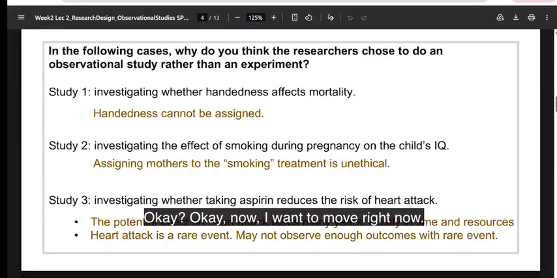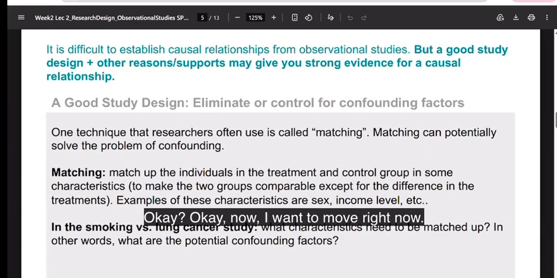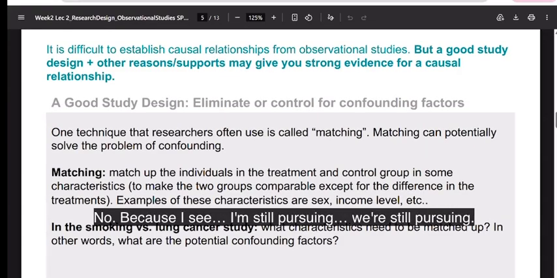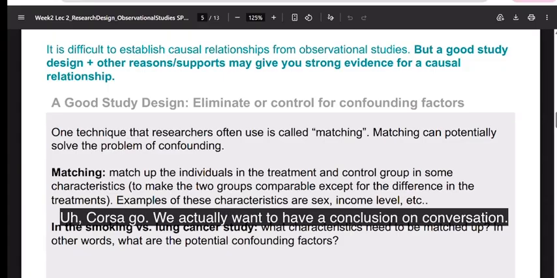Okay, now I want to move on. Because we're still pursuing the causal goal, we actually want to have a conclusion on causation.